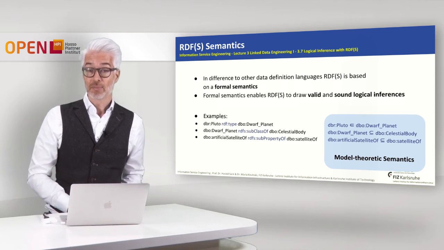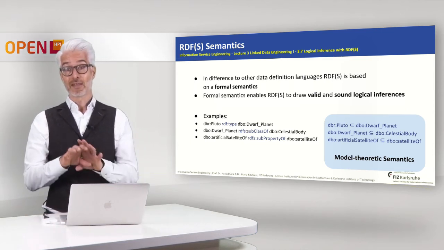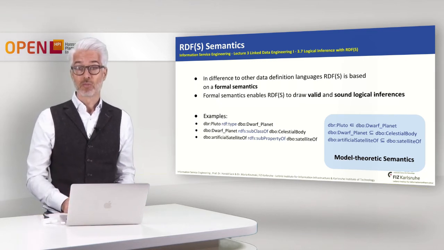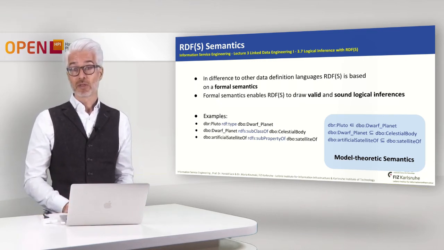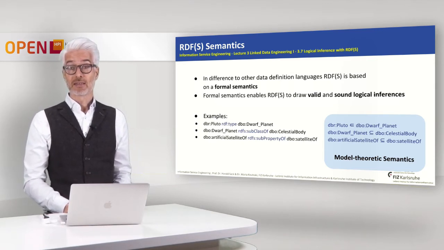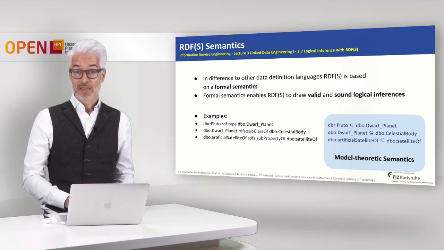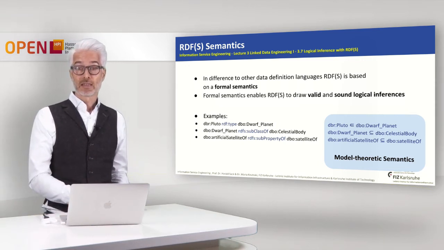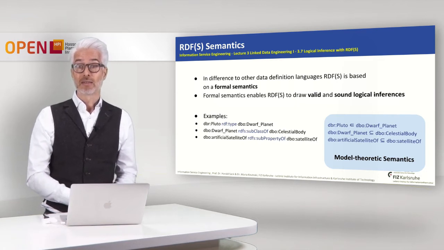This RDFS model can simply be mapped to a set-theoretic model. Look at the set-theoretic model in the blue box over there, which says that Pluto is an element of the class dwarf planet. And it also states that the class dwarf planet is a subclass of the class celestial body, as well as the artificial satellite of is a subclass of satellite of.